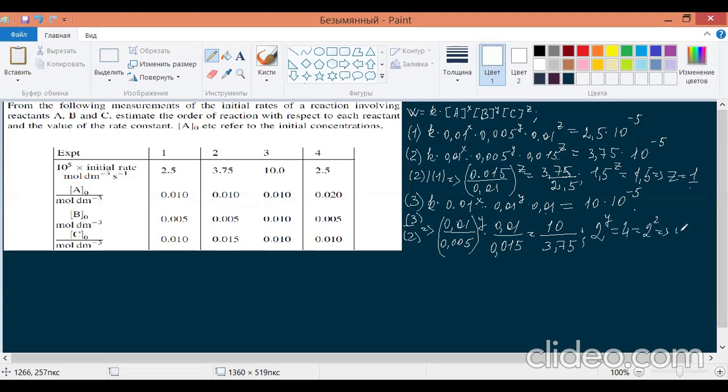For that reason, y is equal to 2. So we have just calculated that the order of reaction with respect to B is equal to 2.